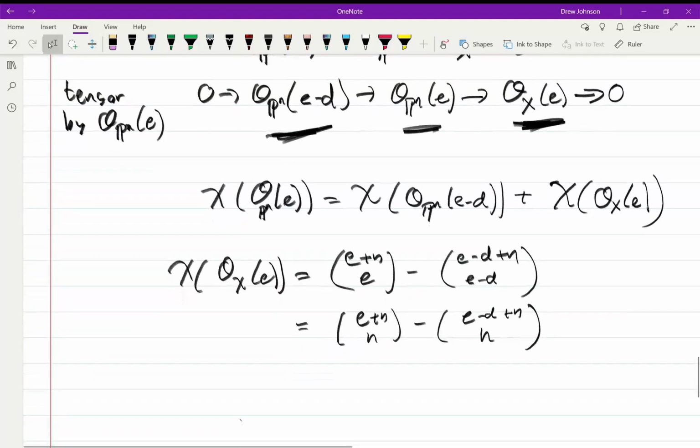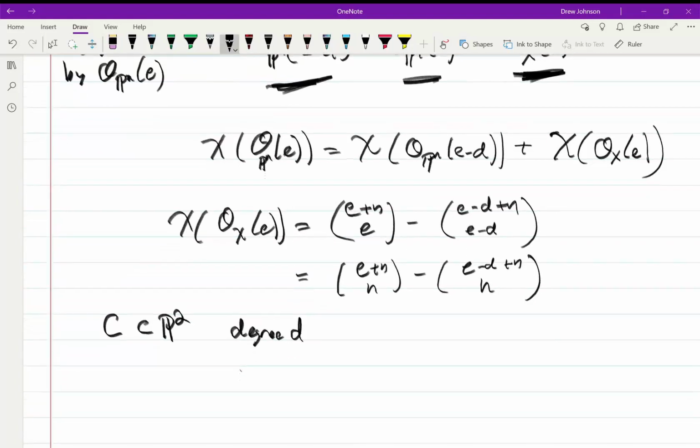Let's go ahead and do an example here and apply this to a plane curve. So this is a curve in P^2 that's defined by an equation of degree d. All right, and let's just apply it to the structure sheaf. So in that case, we'll have h^0, the dimension of the space of global sections of the structure sheaf, minus the dimension of the first cohomology space.